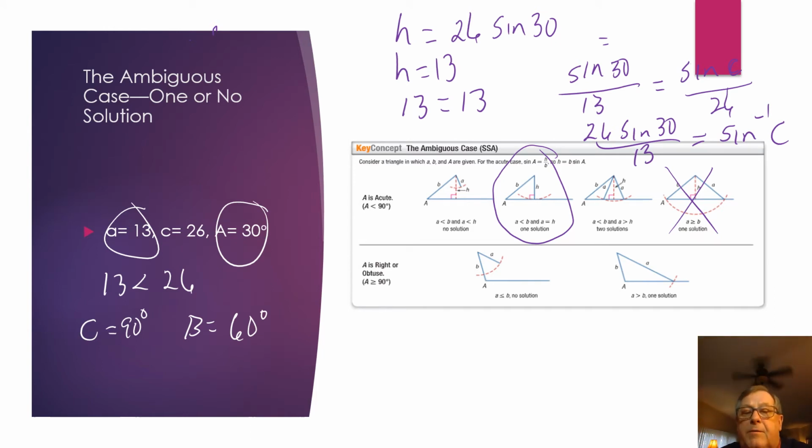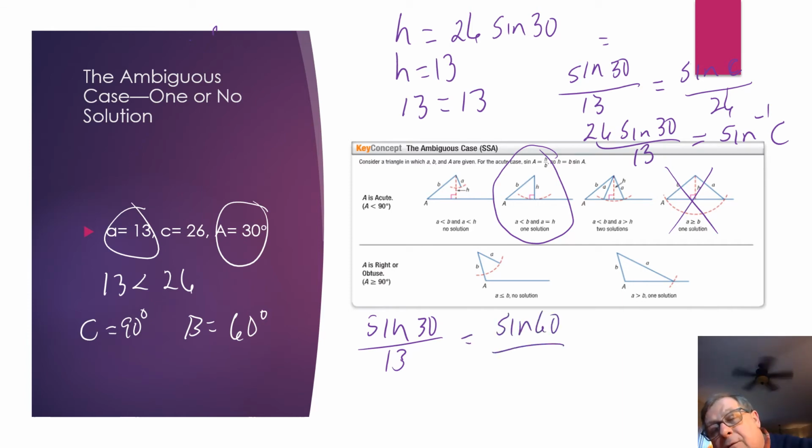Now, I'm going to stick with the measures, most of the measures that I know, and we're going to find side B, because we've got to do that to finish off solving the triangle. So I've got the sine of 30 over 13 equals the sine of 60 over side B. And we're going to do a little cross multiplication where B times the sine of 30 equals 13 times the sine of 60.